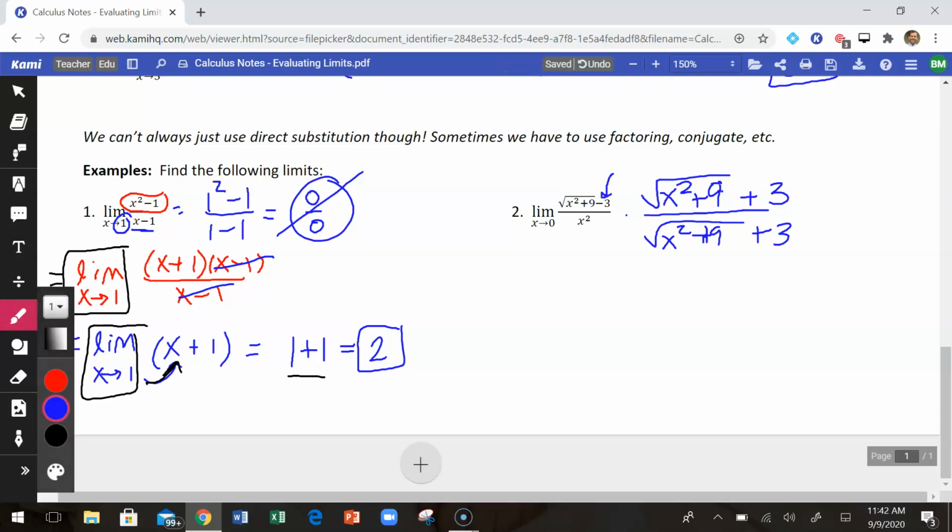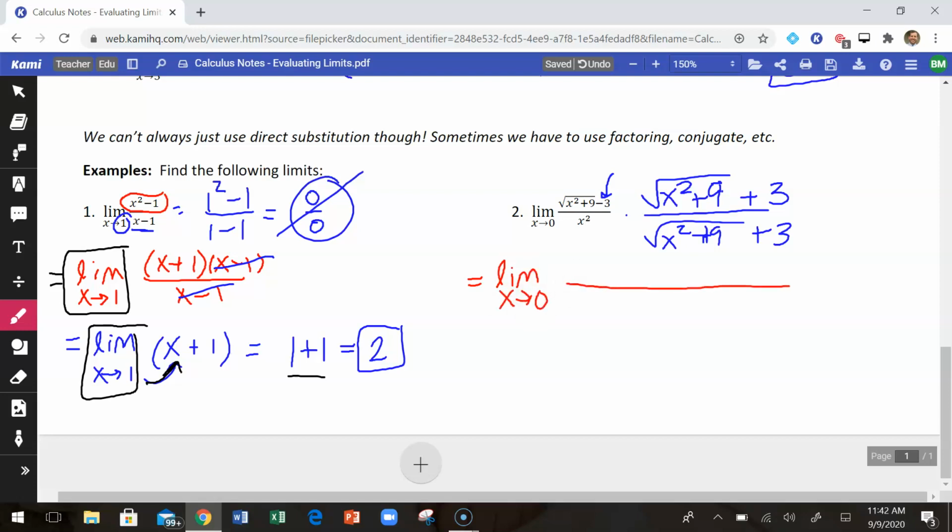Okay. Now, I haven't actually done anything, so I didn't need to rewrite the limit, but now I do. So equals the limit as x approaches 0. On top, when you multiply conjugates, you're really foiling this out. So I'm taking the square root of x squared plus 9 times the square root of x squared plus 9.